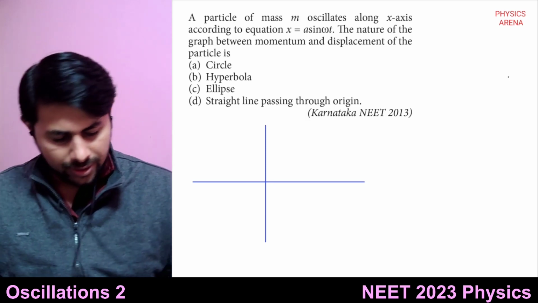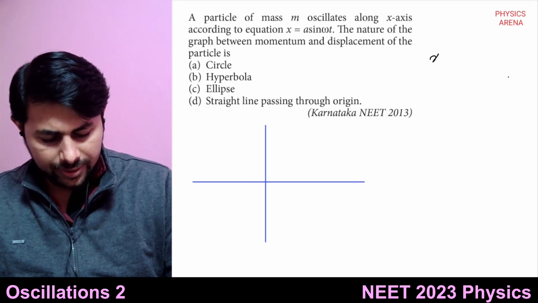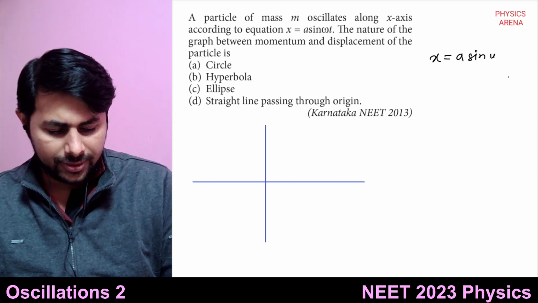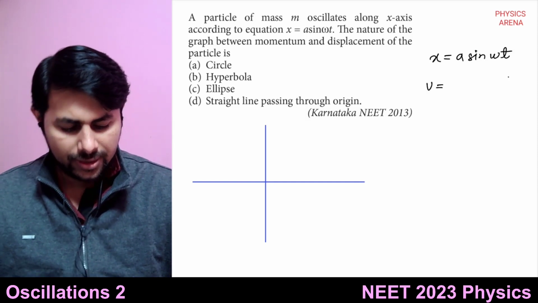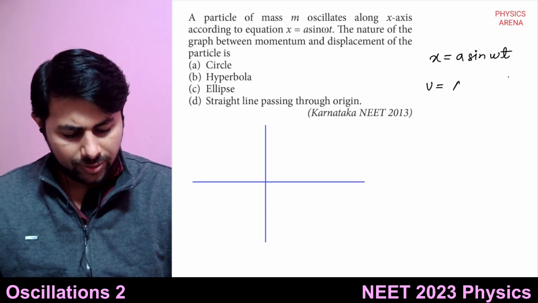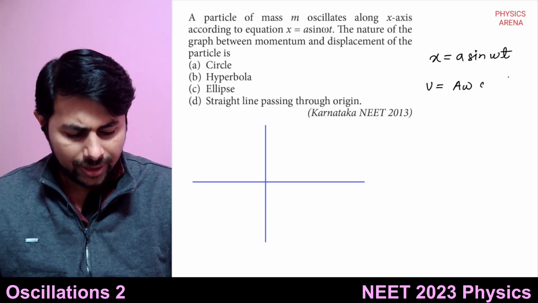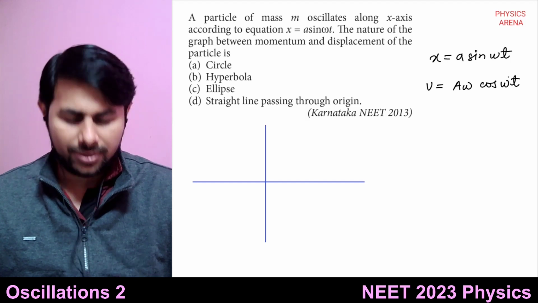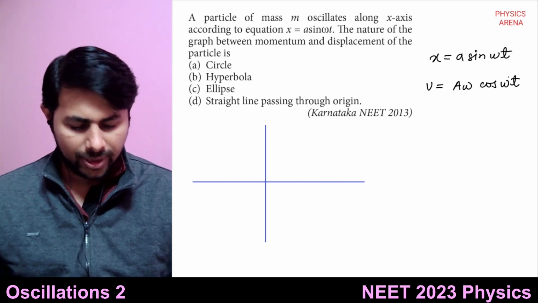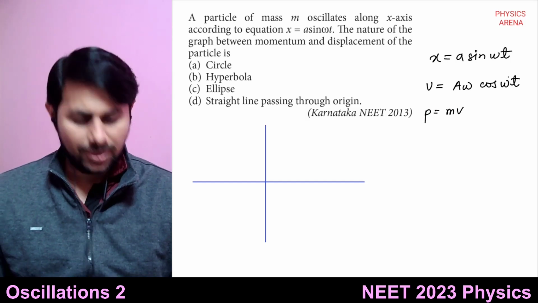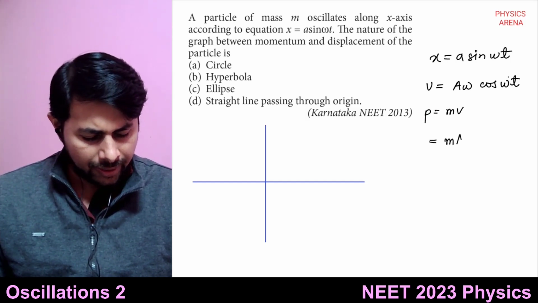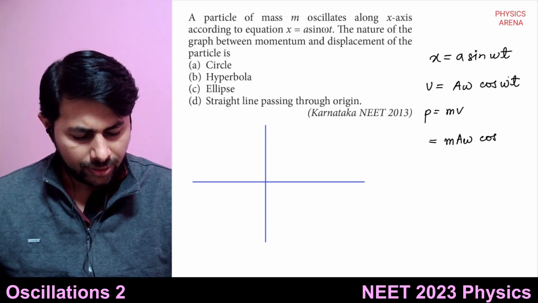So x is a sine omega t, right? What will be velocity? It is equal to a omega multiplied by cos of omega t. And you want momentum. Momentum is mass into velocity, so it is m a omega cos of omega t.